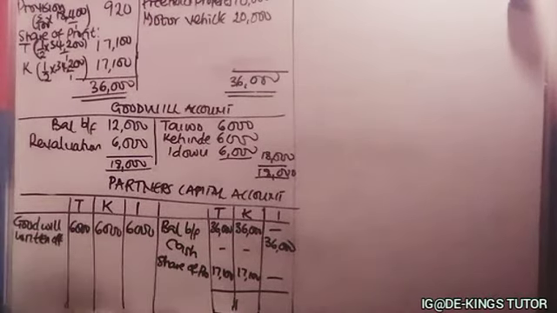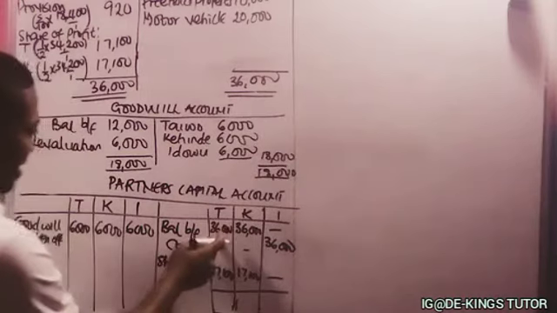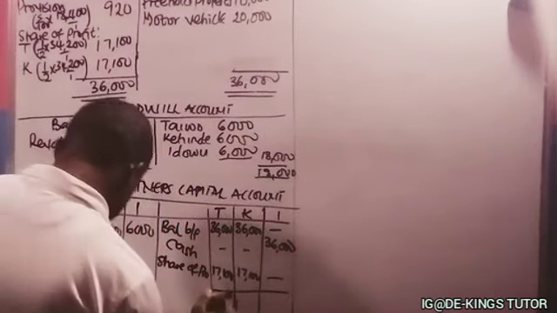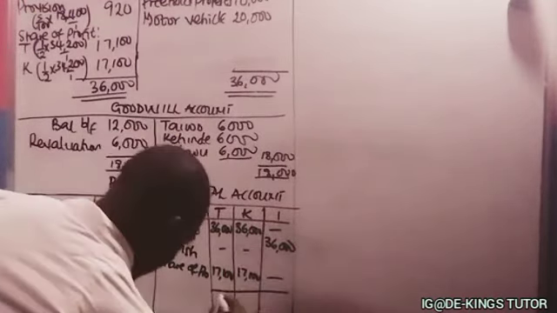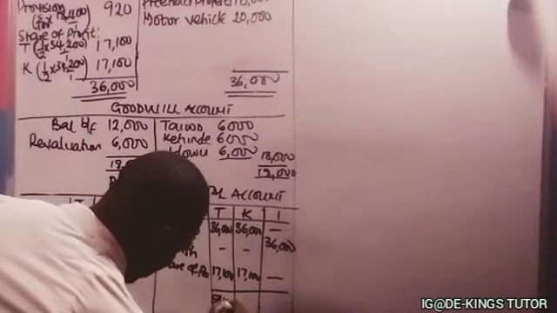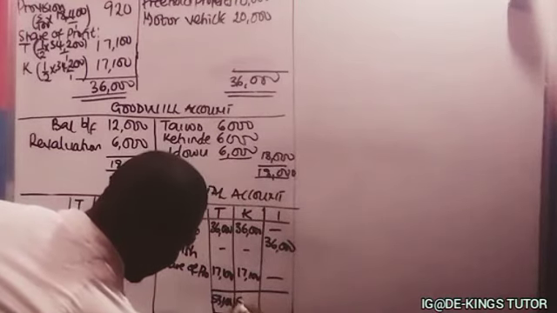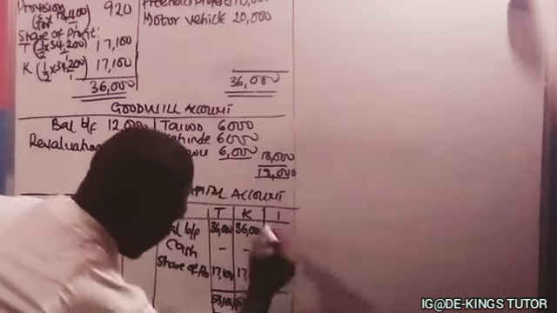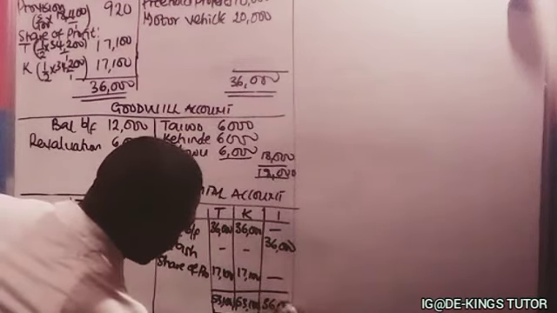So here now, let's get the share of profit. Now, if I add 36,000 to 17,100, it will give me 53,100. This will give me 53,100, and this will give me 36,000.